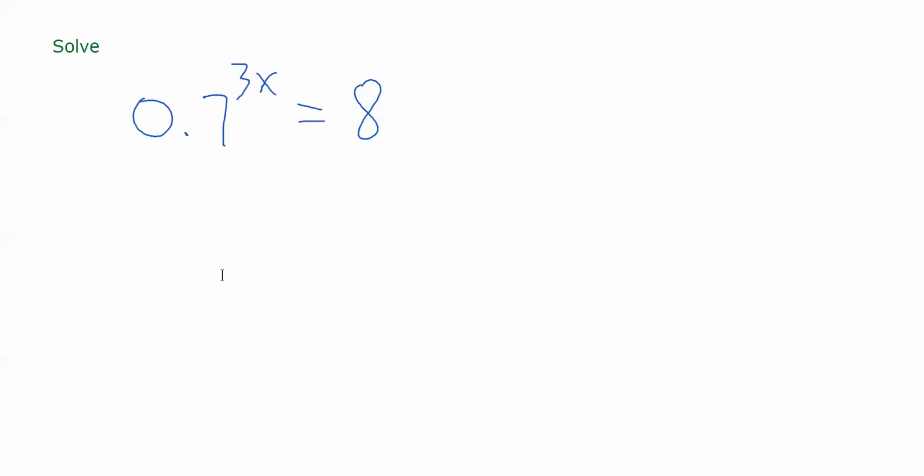0.7 raised to the 3x power equals 8. So once again, my variable is up here in the exponent. Here's what you could do. You could rewrite as a logarithm or a logarithmic equation.